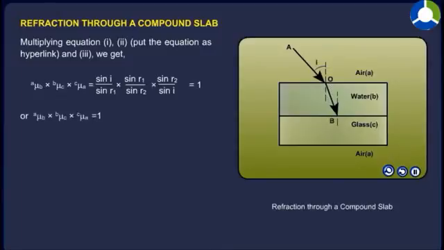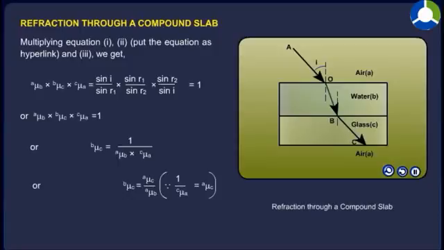Or aμB into bμC into cμA is equal to 1, or bμC is equal to 1 upon aμB into cμA, or bμC is equal to aμC upon aμB, since 1 upon cμA is equal to aμC.